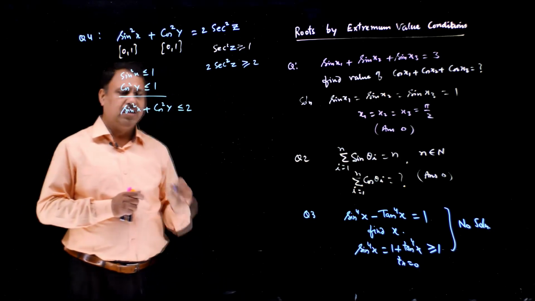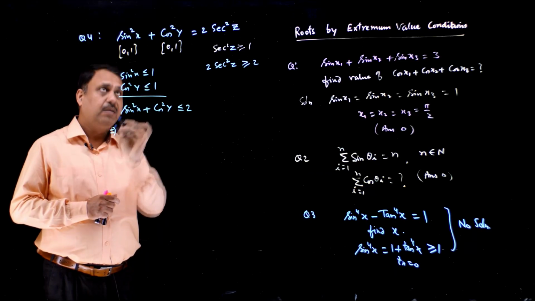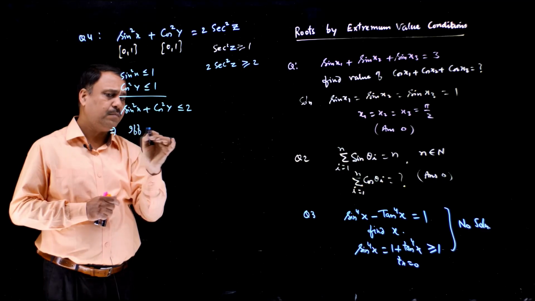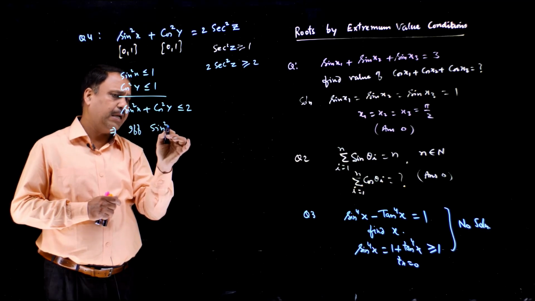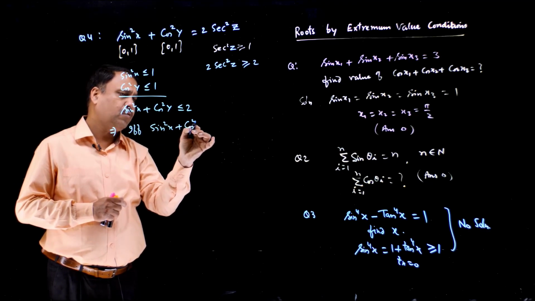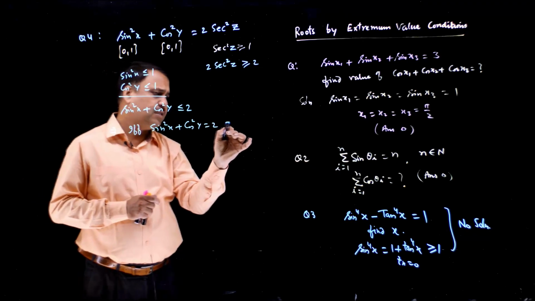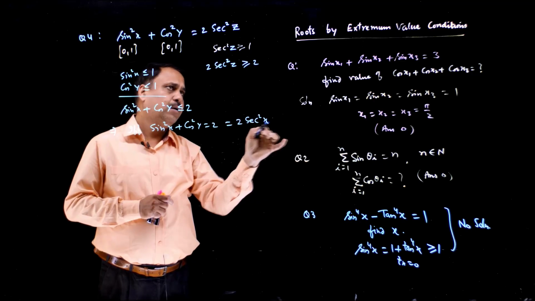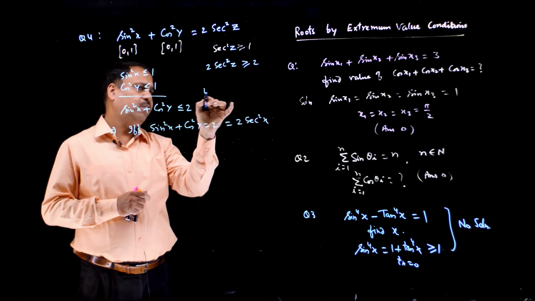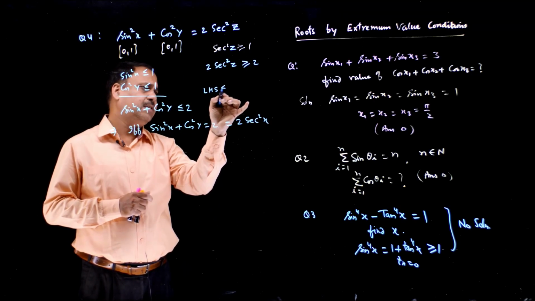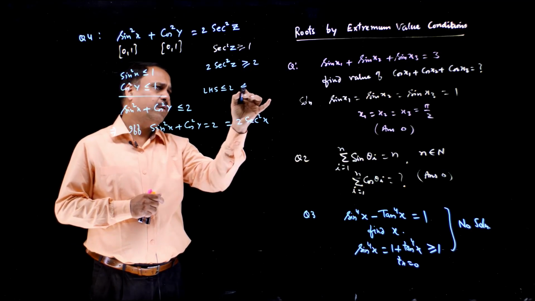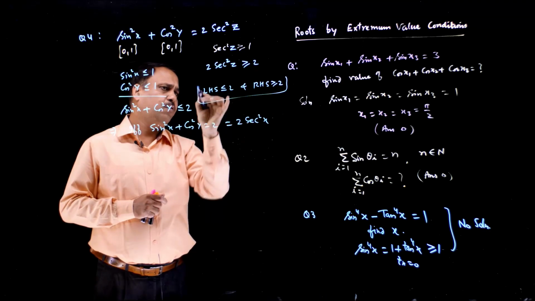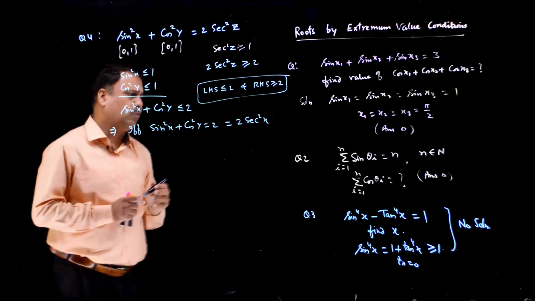So equality is possible if and only if sin square x plus cos square y is equal to 2, and this is also equal to 2 sec square z. Because the left hand side is at most 2 and the right hand side is at least 2, for equality to exist they must both be equal to 2.